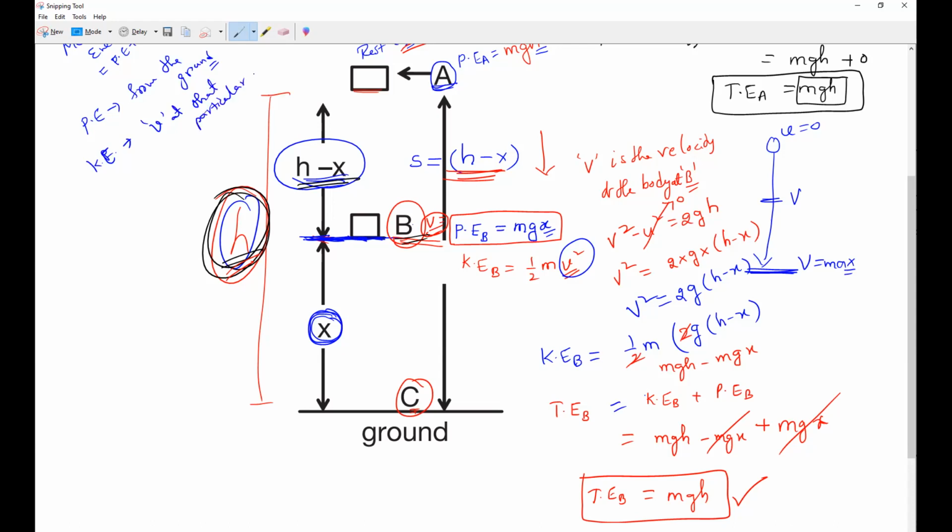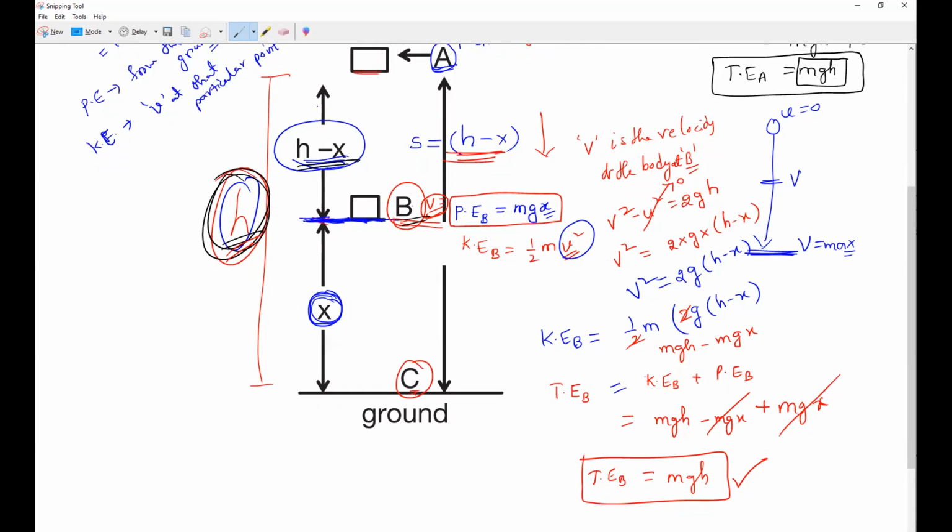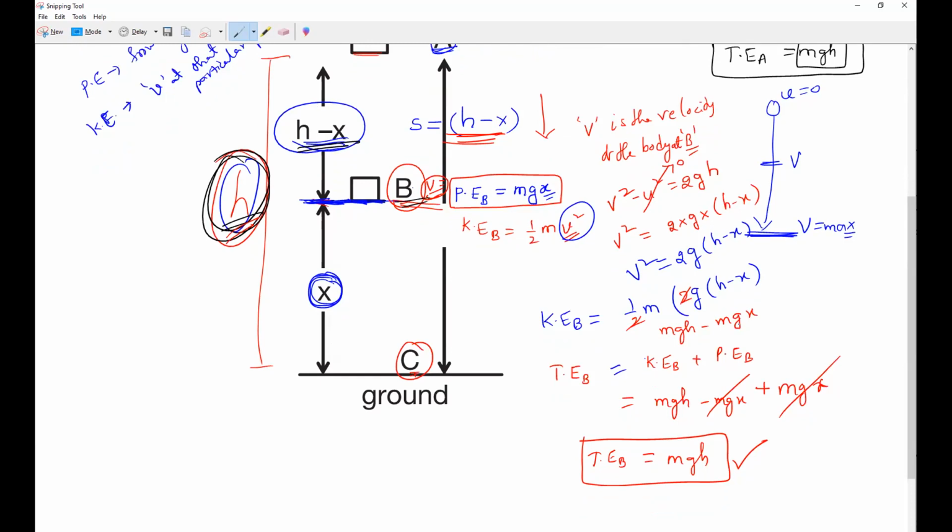Sir, how did you get that half m? The formula is half mv square. In place of v square, I am substituting 2g into h minus x. You are forgetting the basic thing: what is the kinetic energy formula? Half mv square.